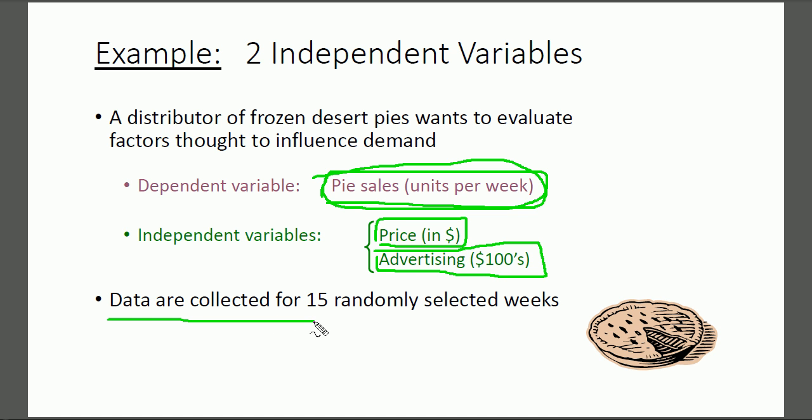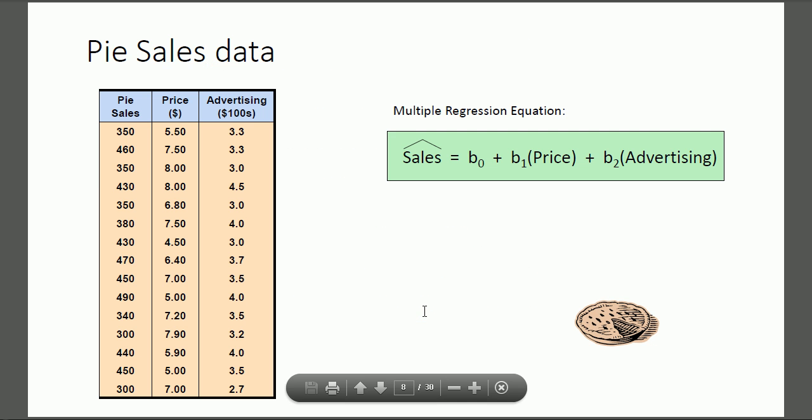So we collected data on 50 randomly selected weeks, so they weren't necessarily chronological. We wouldn't want to do that because that would give us a lot of problems, namely with something called autocorrelation. But anyway, these are 15 randomly selected weeks. So let's take a look at the data. Here's the pie sales.